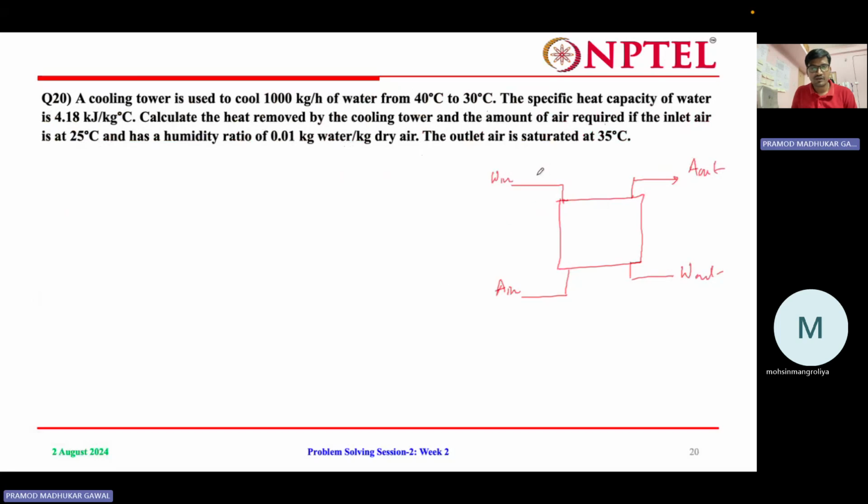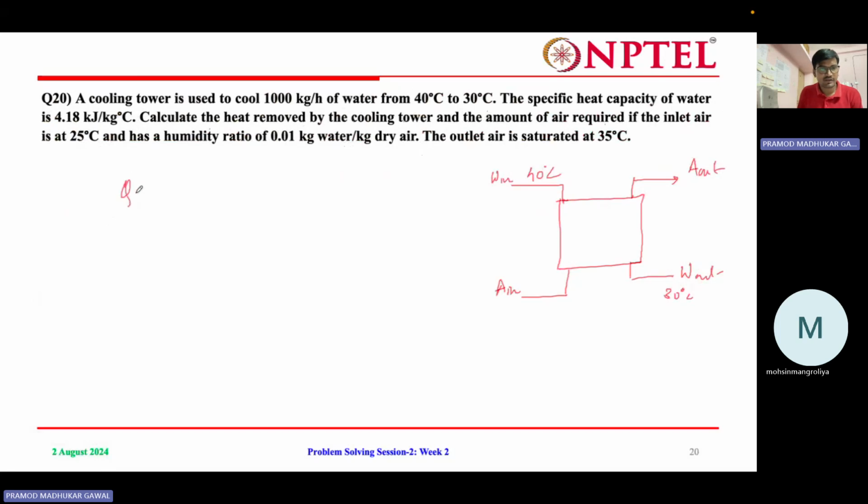So the cooling tower cools water at the given flow rate of 1000 kg per hour from 40 degrees Celsius to 30 degrees Celsius, and the heat capacity is given as 4.18. Calculate the heat removed.